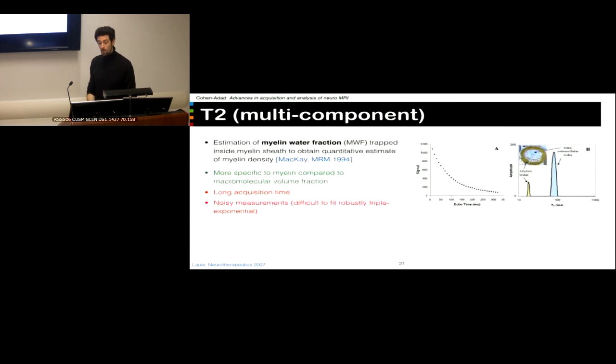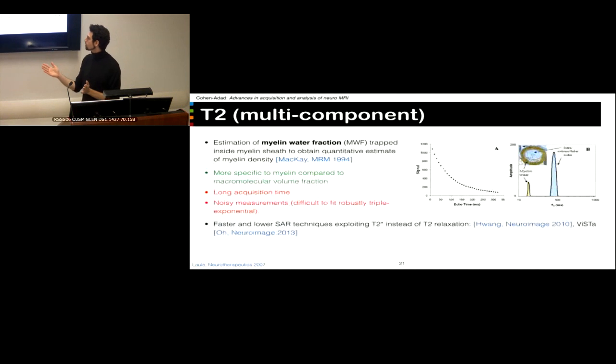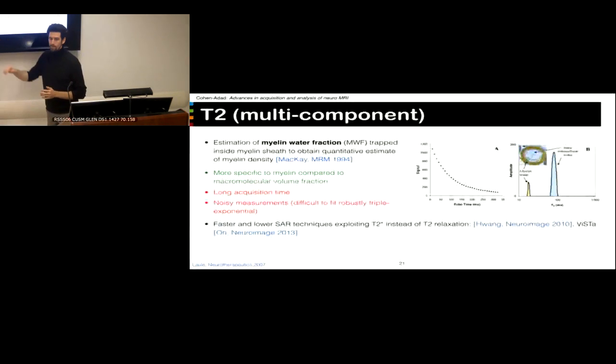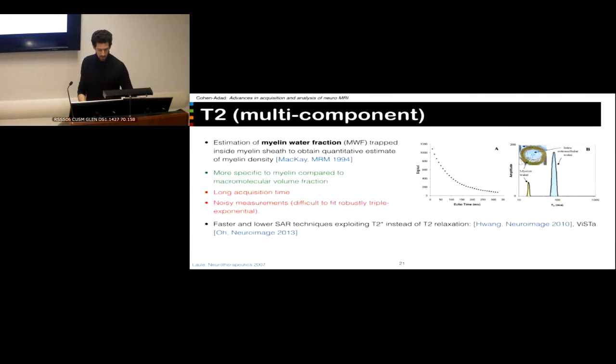It's also long. You need to acquire all those echoes. But there is also ongoing, very recent research on other techniques that try to acquire faster, that rely on relaxation other than the T2. Again, with the ultimate goal of measuring the myelin water fraction.